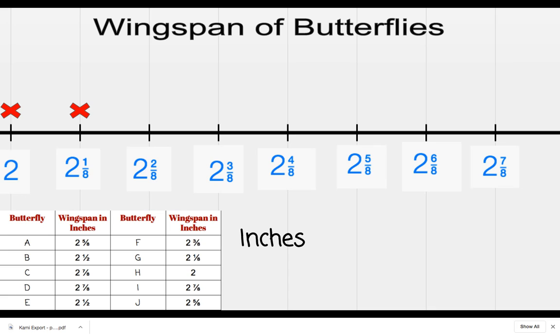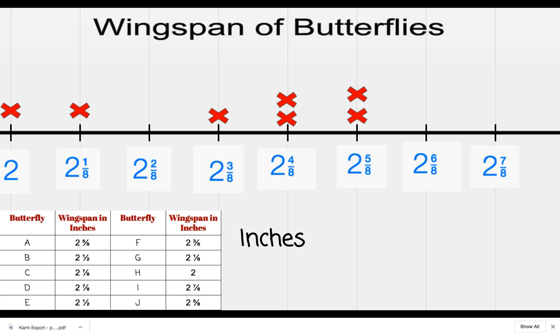That's not going to have an X. 2 3/8. Well, I see one butterfly that has that wingspan, so I'm going to insert an X for that. 2 4/8. Well, I see 2.5, so I know that's the same as 2 4/8. And there's 2 of them, so I'm going to insert 2 X's.